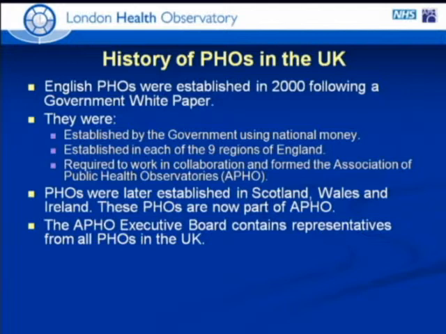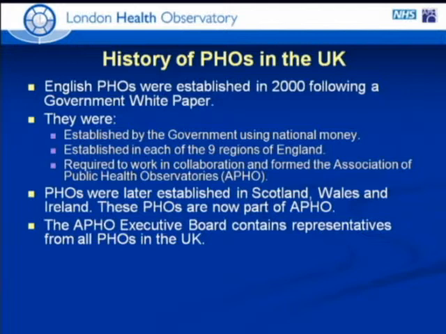All the public health observatories are required to work together as the Association of Public Health Observatories. And a couple of years after they were established in England, they were set up in Scotland, Wales and Ireland. And these observatories have now also joined our association, so we work with those as well.